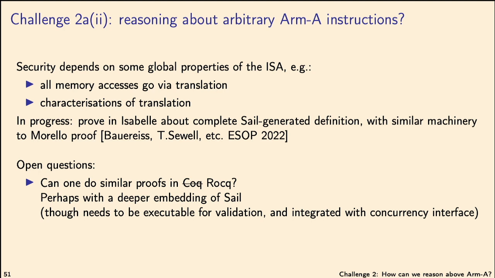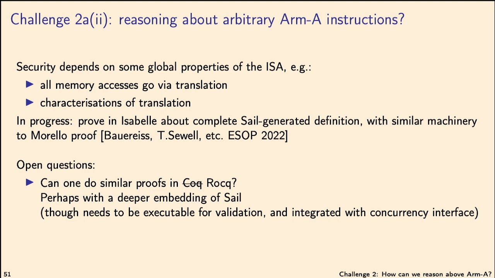So that's a fact about the whole 430,000 lines of ISA spec, but it's not a very deep fact. And conveniently, Thomas and other Thomas have been proving that kind of fact about this CHERI-enabled ARM, Morello, and the same kind of thing you can use for this.